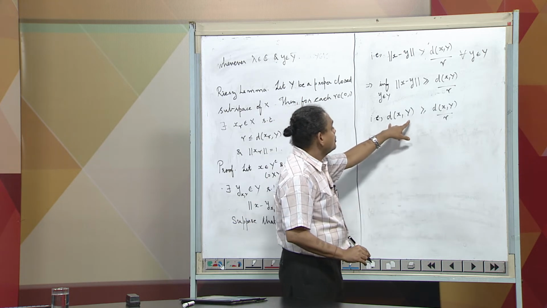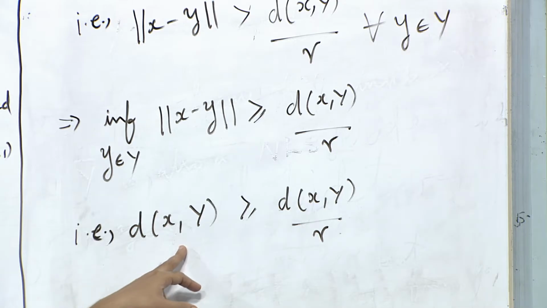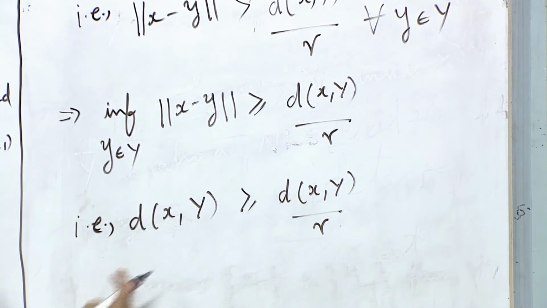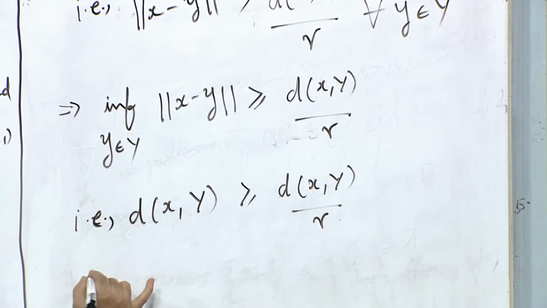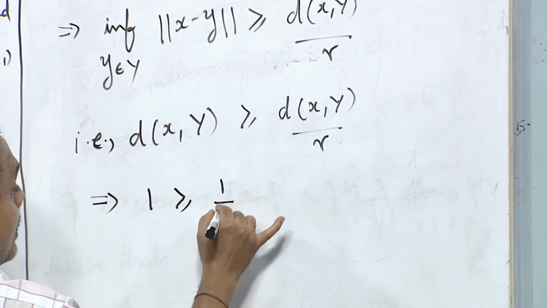Therefore, the distance between x and Y is strictly greater than 0, and you can divide both sides by it, which implies that 1 is bigger than or equal to 1 upon r.